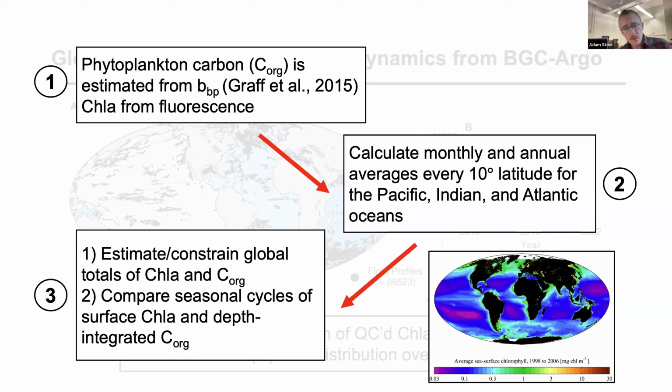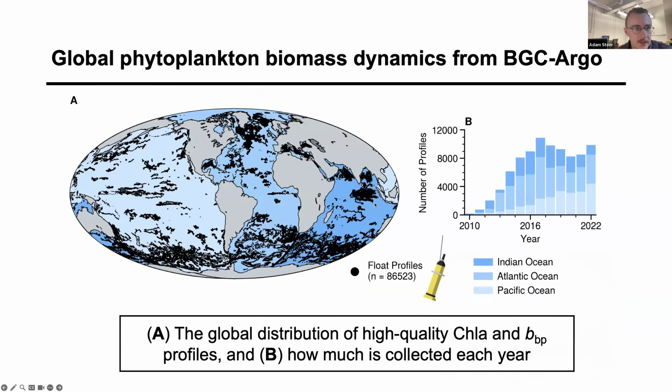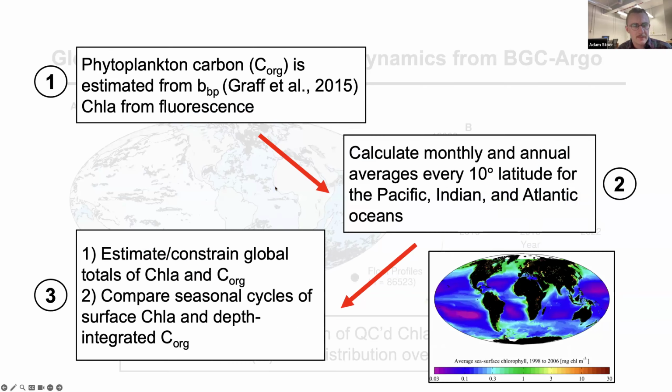And so with all those profiles, we calculate monthly and annual averages as climatologies for every 10 degrees latitude for the Pacific, Indian, and Atlantic Oceans. So we basically have the Atlantic here, and we divvy it up into 10-degree slices of latitude and calculate a climatology from those. Or no, not monthly, more like a weekly climatology.